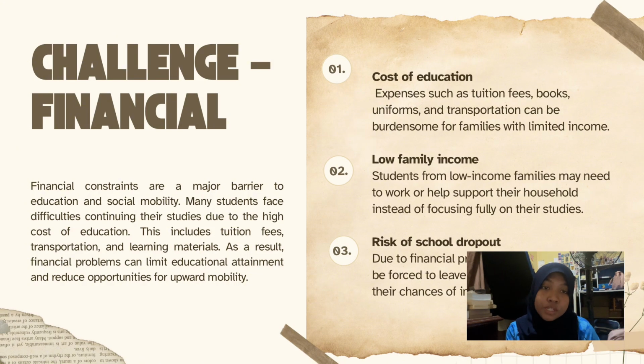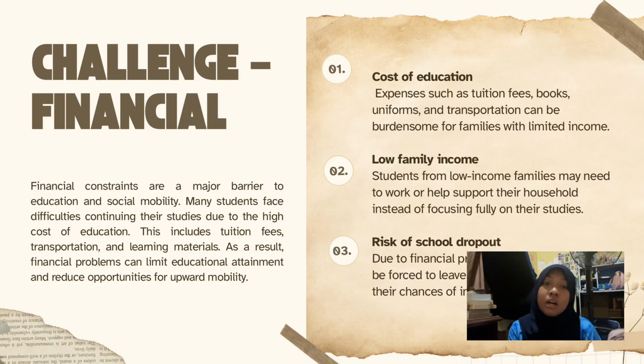Many students face difficulties continuing their studies due to the high cost of education. This also includes tuition fees, transportation, and learning materials. So, as a result, financial problems can limit educational attainment and reduce opportunities for upward mobility.